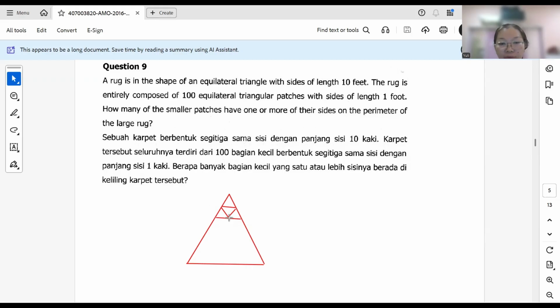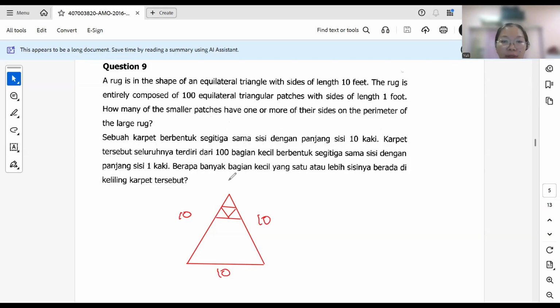Until the last. So you can see we're going to have 10 triangles on this side. 10 triangles because this is 10 feet, right? And then the width is 1 foot. So for each side of the triangle, you're going to have 10 triangles. You're going to have 10 here, 10 here, and 10 here.